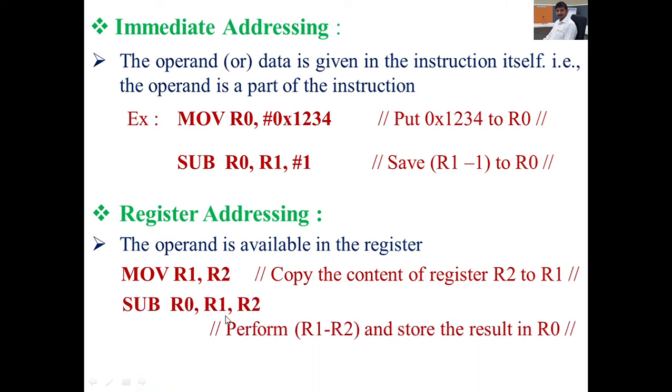Here we first subtract the R2 register content from the R1 register content and store the result into the R0 register. Like that, registers are part of the instruction in this type of addressing mode.